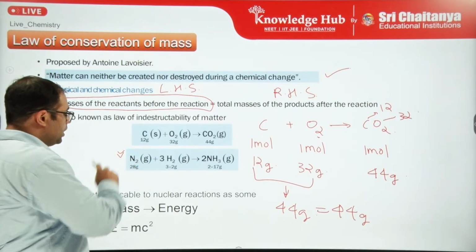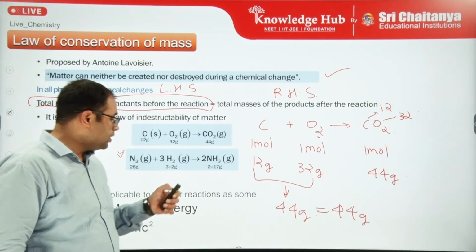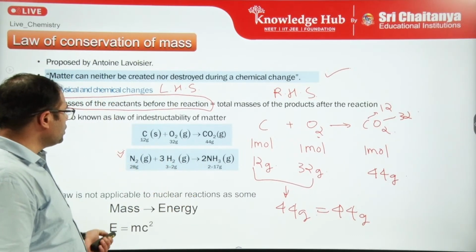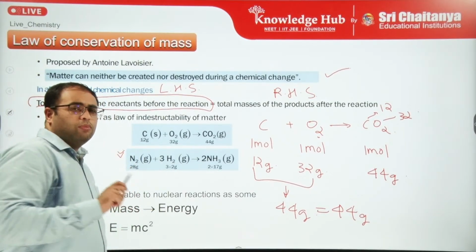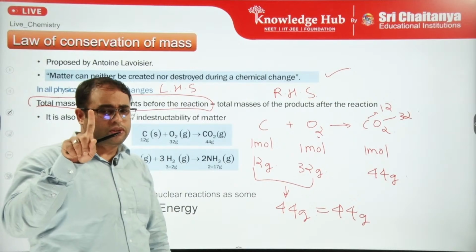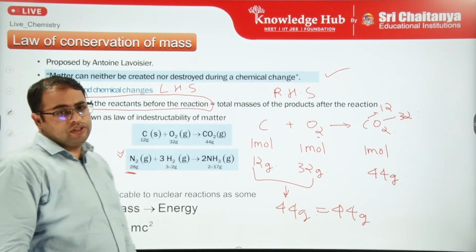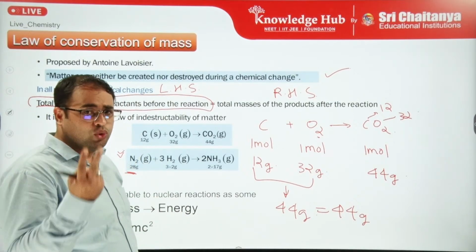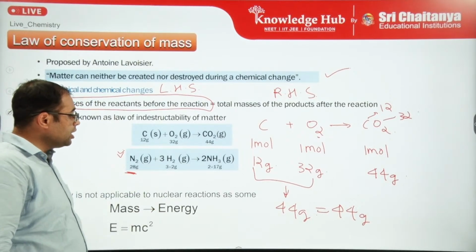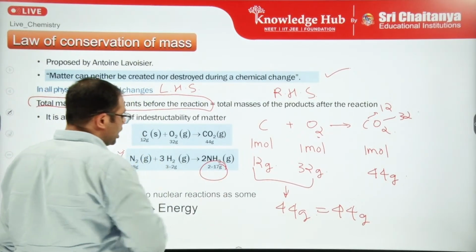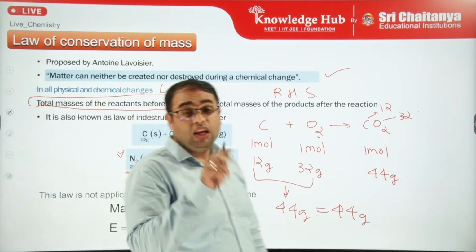Another example: you have nitrogen, you have hydrogen and you have ammonia. Nitrogen's molar mass, one nitrogen atom's molar mass is 14, you have 2, so this is 28 grams. Dihydrogen has 2 grams as mass, there are 3 moles of it, multiplied by 3, and here you multiply it by 17, you will find that both the masses come out to be equal.